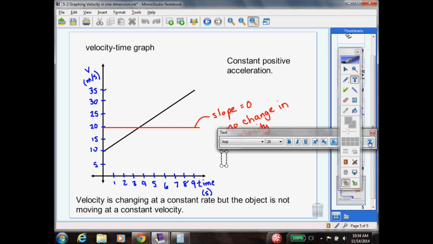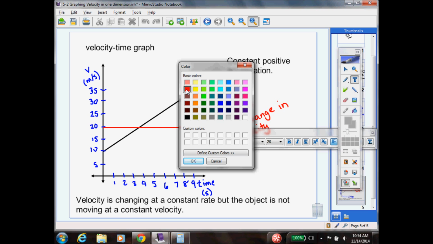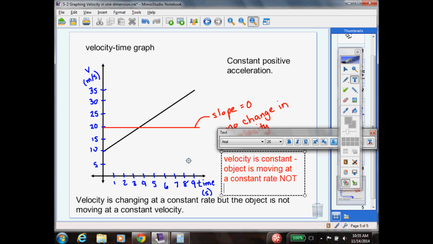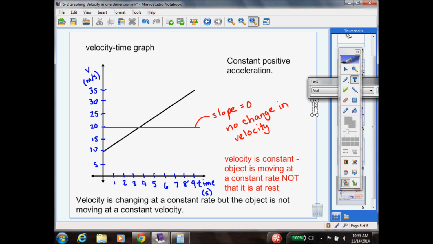We said that the velocity is constant, and that means the object is moving at a constant rate, not that it is at rest. Only time that the object is at rest is when?